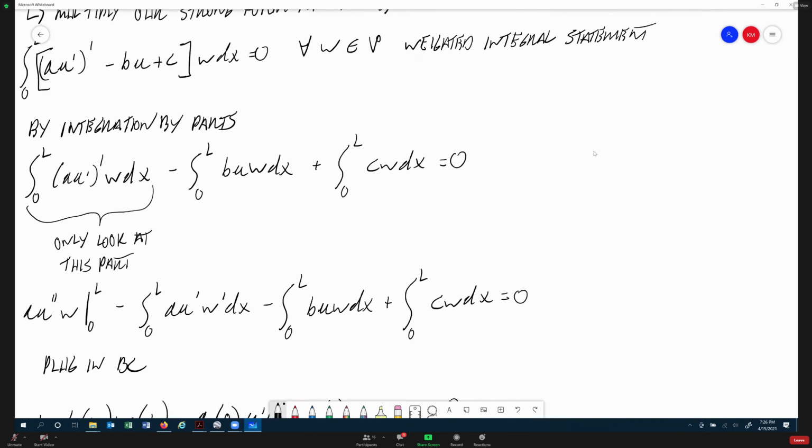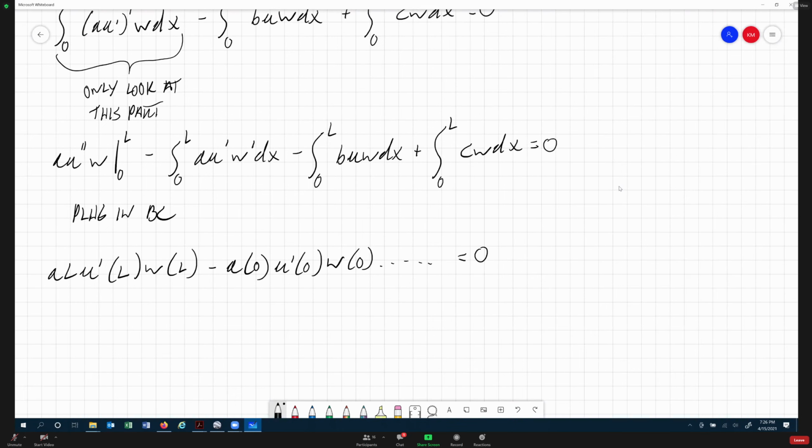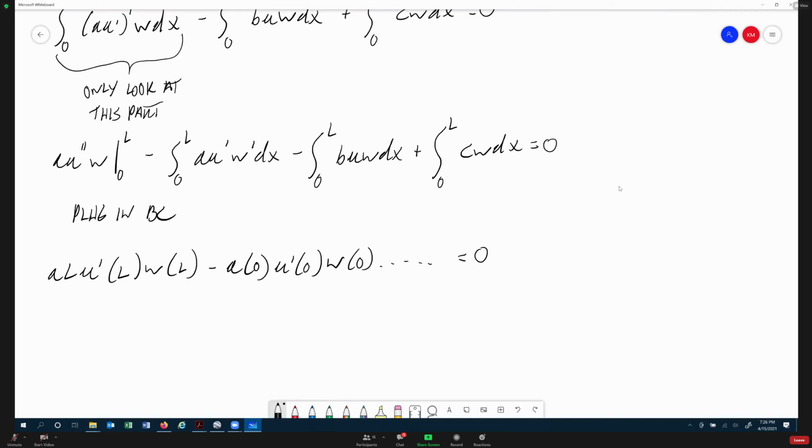So what we're going to get here is this u prime of L statement is going to go to 1, and our w of 0 is 0, where w of 0 equals 0 always.